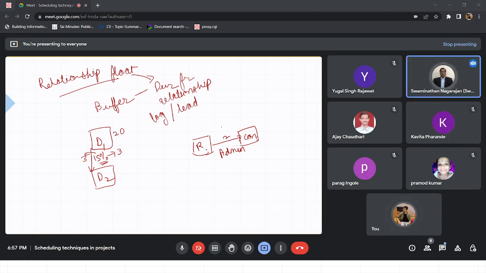If we are not adding any other activity to show these admin values, these inspections and all, we will be putting it in as relationship buffers, right? Lead lag, so that anyway we calculate it, though we miss the meaning.